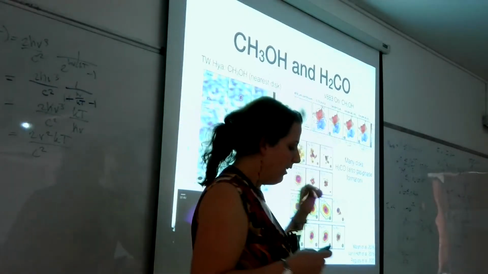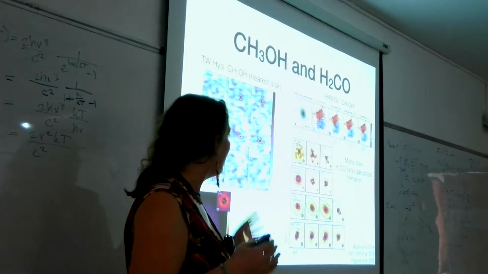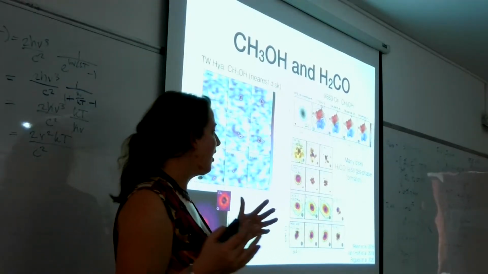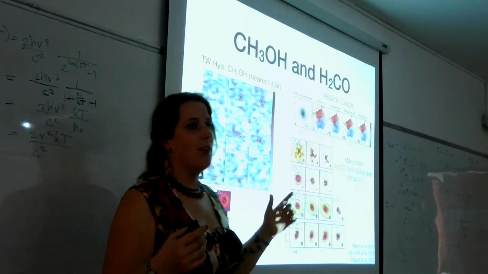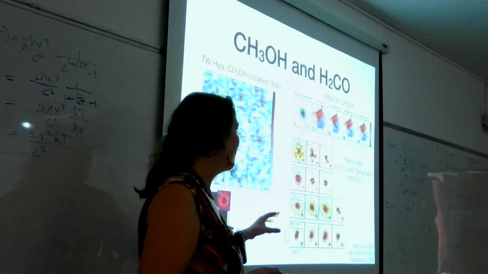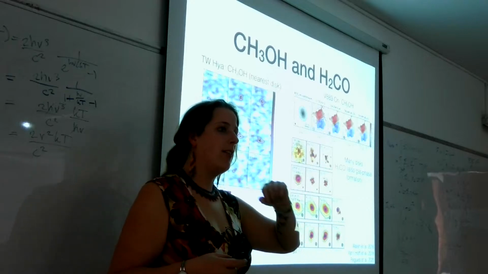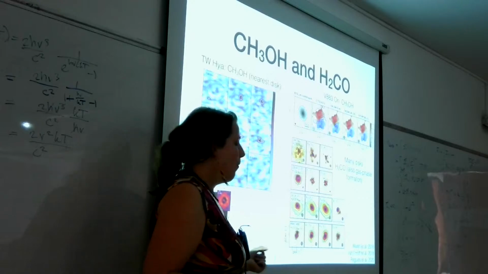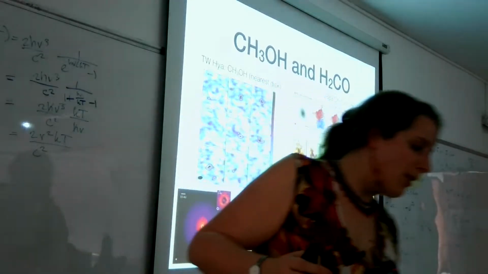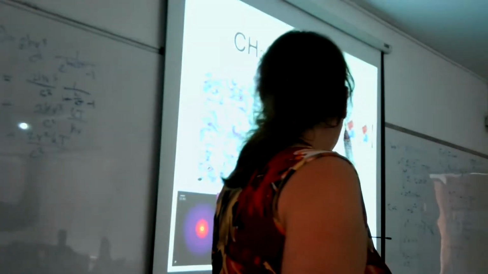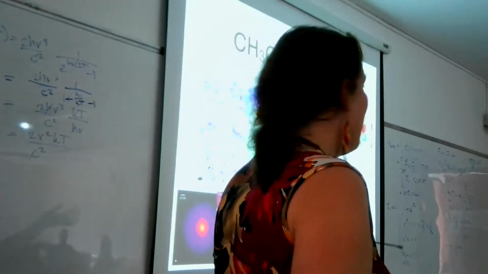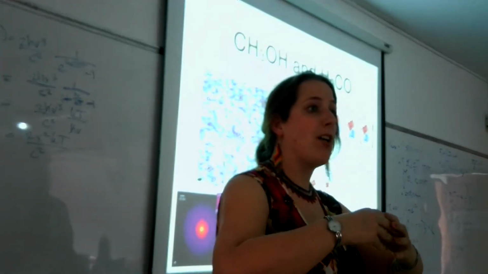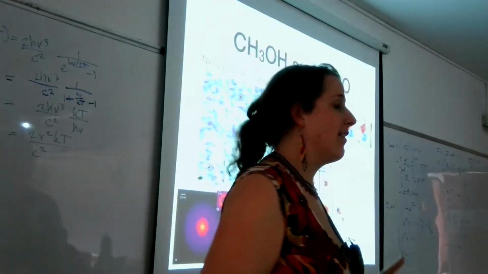And the tricky thing here is that formaldehyde can be formed in the gas phase rather efficiently, but methanol cannot. So if you detect formaldehyde but no methanol, that means that there's probably no ice sublimation. And for the longest time, it was thought, well, methanol may not be present in discs at all, and if it is present, it must be frozen out in the ices, and we will never detect it.